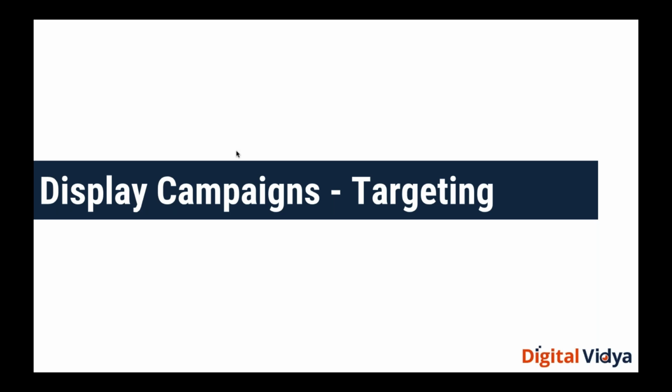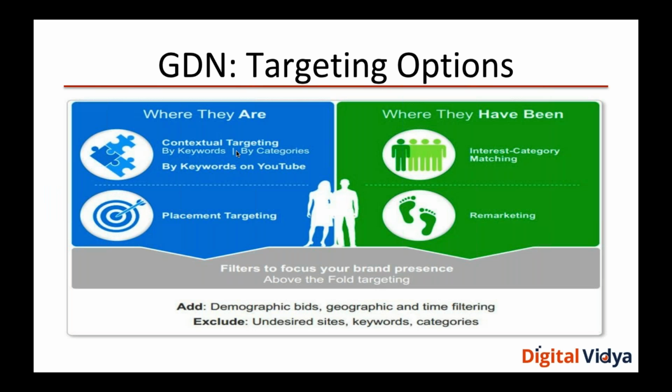All right. So we need to look at the different targeting options. Tell me, what is the primary targeting method or option when it comes to search network? How do you target a potential advertiser on search network? What do you use for that? Anyone?